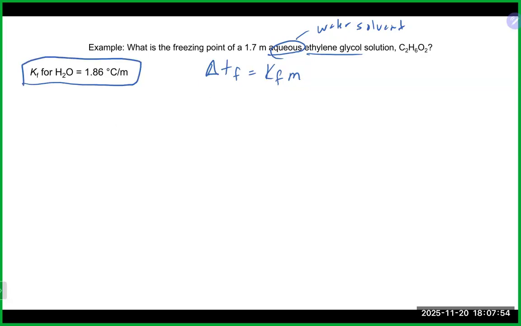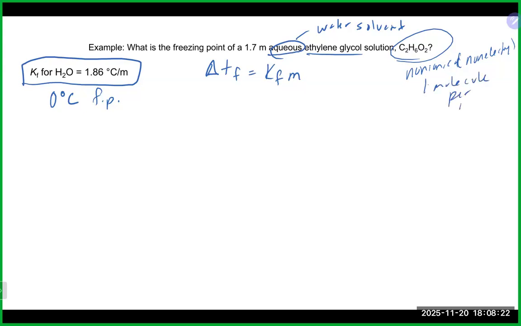The other thing we know about the freezing point of water, hopefully, is that 0 degrees Celsius is the normal freezing point of water in this case. Ethylene glycol, once again, is a non-ionic or a non-electrolyte, whichever way you like to think about it, solute that is being dissolved in there, and we basically get one molecule per that goes in, which is important.